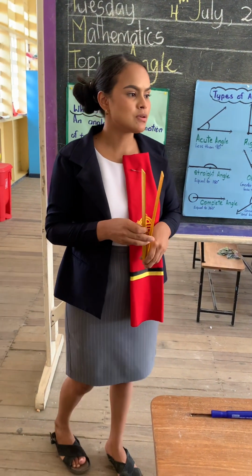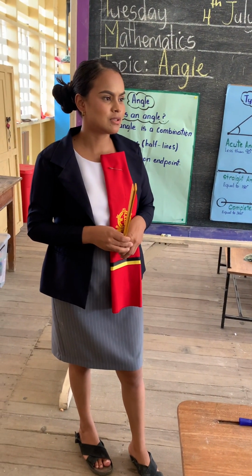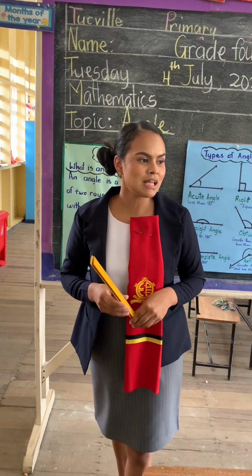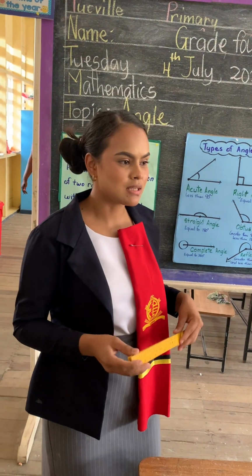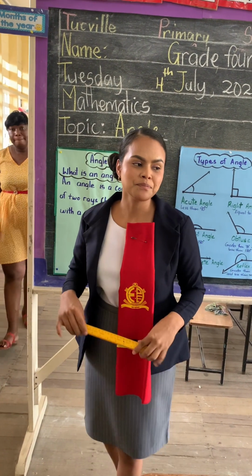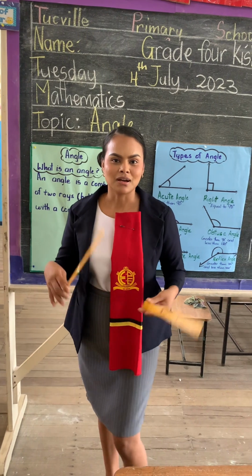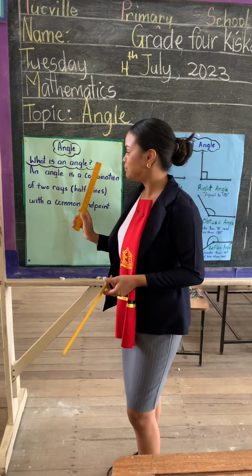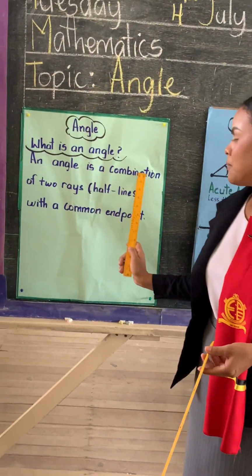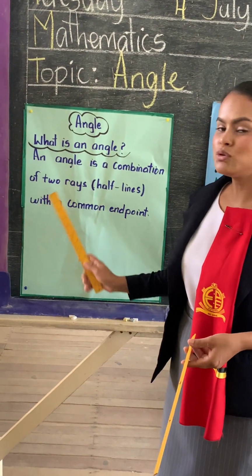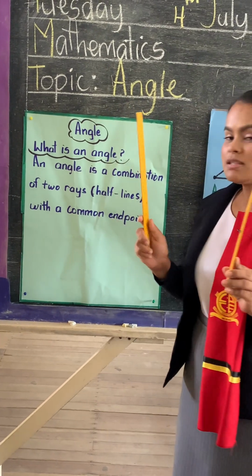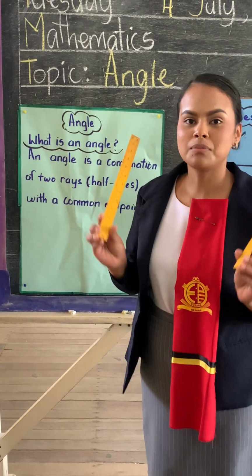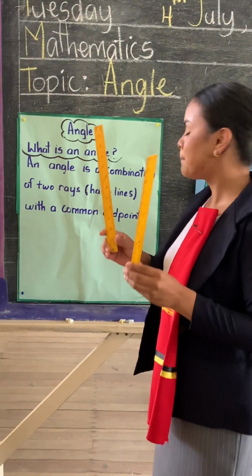Alright, good. So let's move on. Okay, so let me just recap again what an angle is. I'm going to read it one more time, and as I read, I will demonstrate. An angle is a combination of two rays or half lines with a common end point.